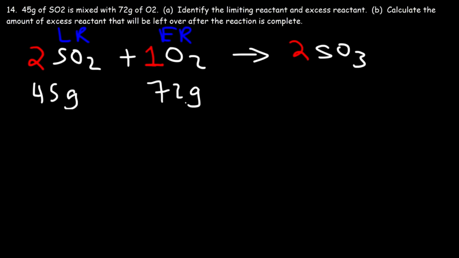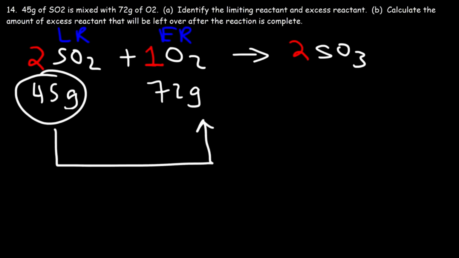And so if we take this amount and convert it to the grams of O2, it's going to tell us how much O2 will be consumed in the reaction as this depletes to 0. And so if we take that amount and subtract it from 72 grams, that's going to give us the amount of O2 left over.